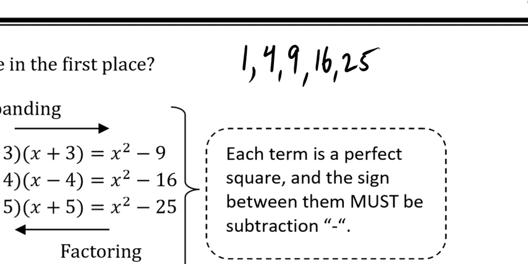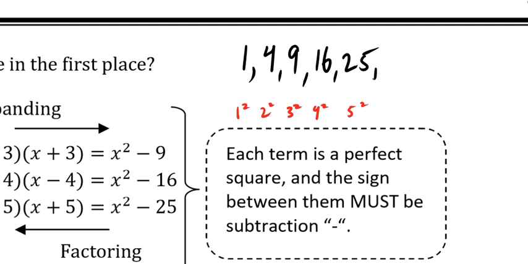3 squared, 4 squared, 5 squared. Knowing the list of squares can be very helpful for this, so you recognize them, and you don't have to use a calculator to check. So this is like 1 squared, 2 squared, 3 squared, 4 squared, 5 squared. So what is 6 squared? 30.